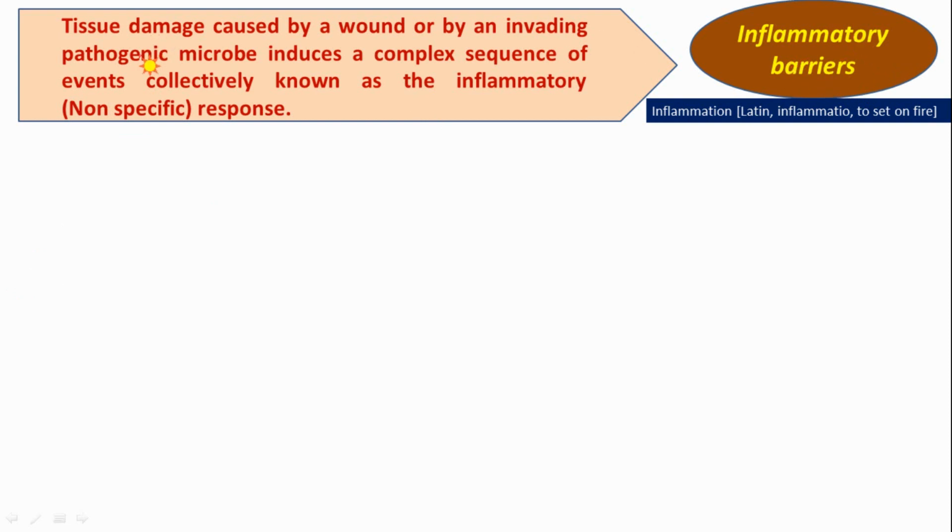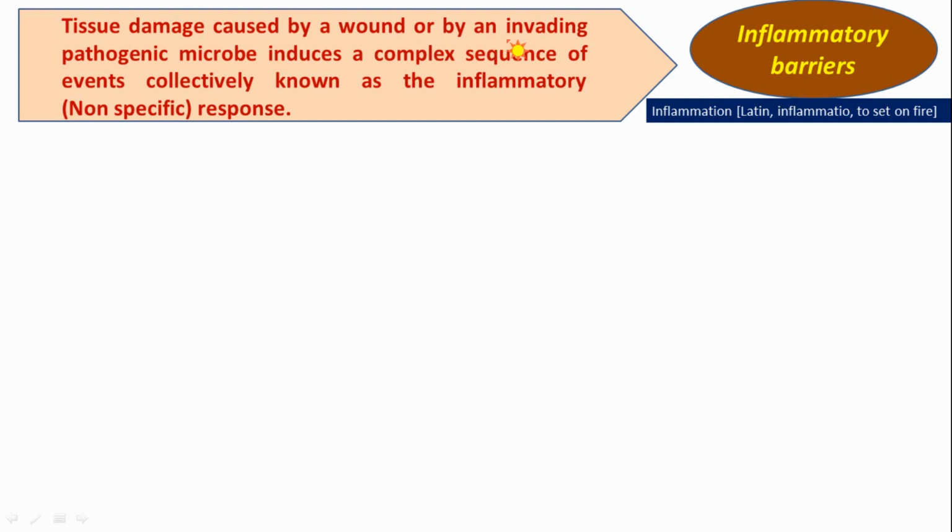Tissue damage caused by a wound or by an invading pathogenic microbe induces a complex sequence of events, and these complex sequences of events are collectively known as the inflammatory response. Whenever there is a tissue injury, it may be because of physical agents, chemical agents, or infectious agents.